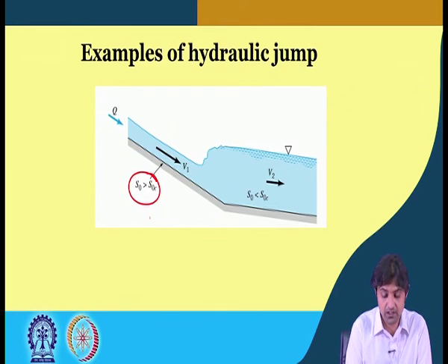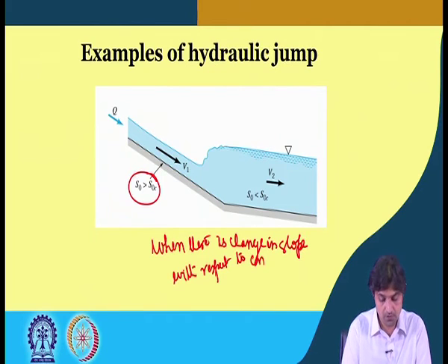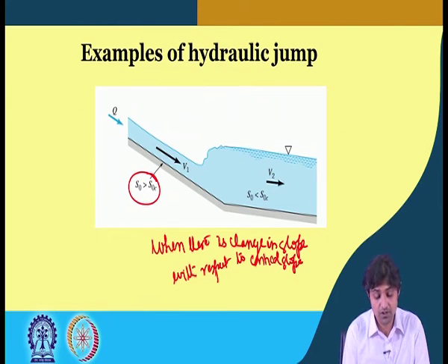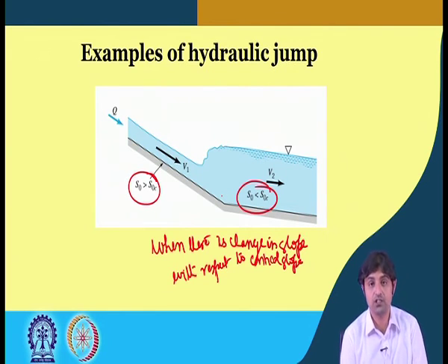So basically, when there is a change in slope with respect to the critical slope, that is, when the slope of the bottom was greater than the critical slope and it transits to a region where the slope becomes less than the critical slope, then the hydraulic jump will occur.